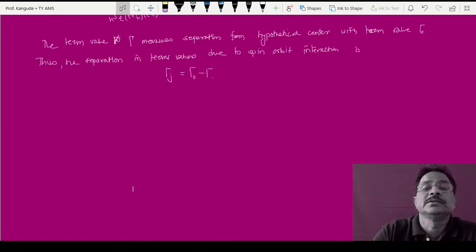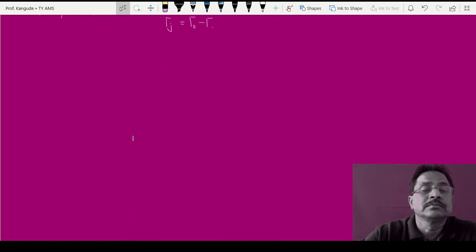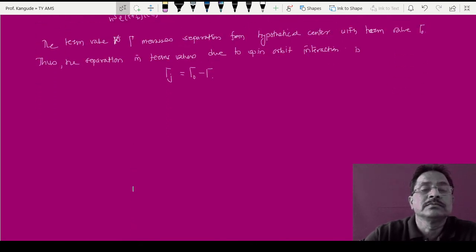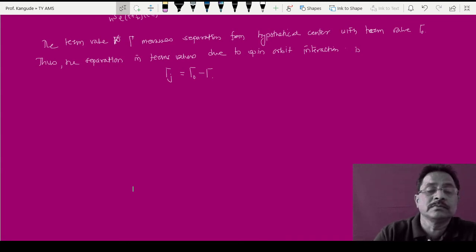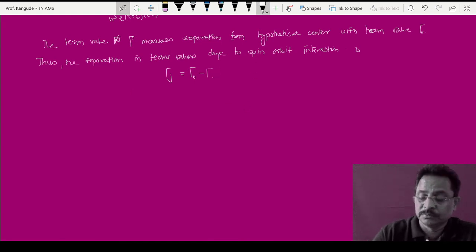Just a minute, I'm not getting this here. Why is it not coming there? The pointer is not showing. Yeah, this pointer is now there.